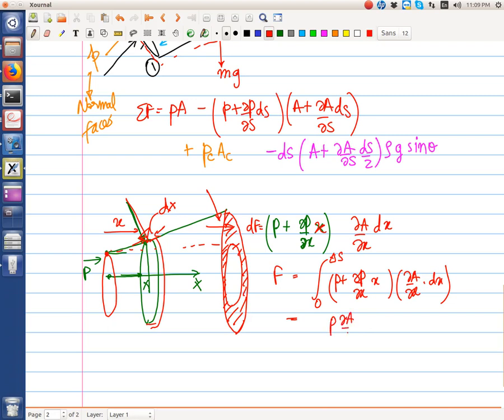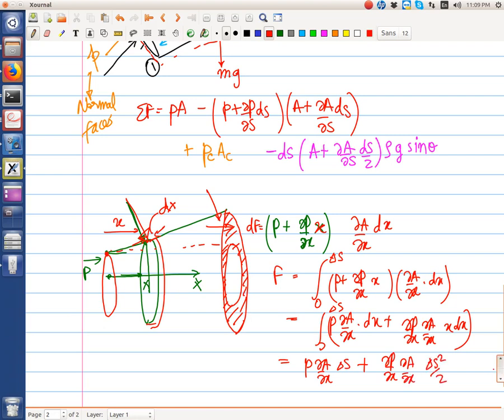P del A by del x dx plus del P del x del A del x x dx, integral 0 to delta s. So this is equal to P del A del x delta s plus del P del x del A del x delta s square by 2.